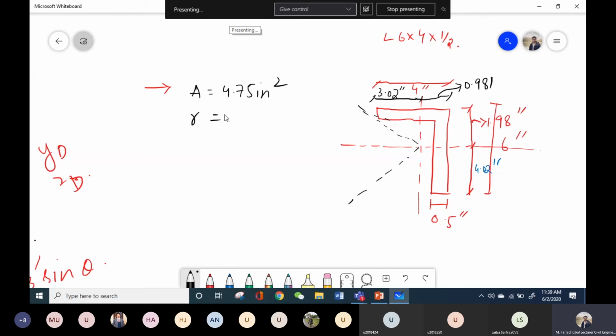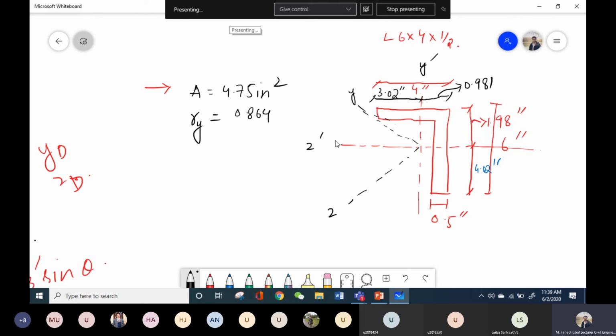The radius of gyration that is given in the question, let's say these straight axes are the y dash and z dash axis, and these inclined are y and z axis. So we have been given the radius of gyration about this y-axis, which is 0.864. Now don't get confused with the names of these axes. For example, in the section table, they have been named as x and y.